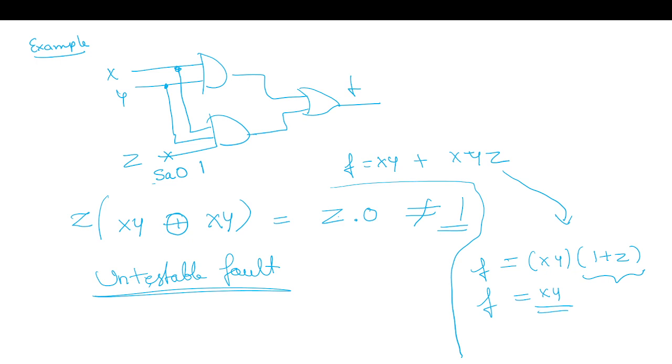Why is this Z into XY, X or XY, this we have written? Sorry, I didn't get your question. You're asking why this is untestable?